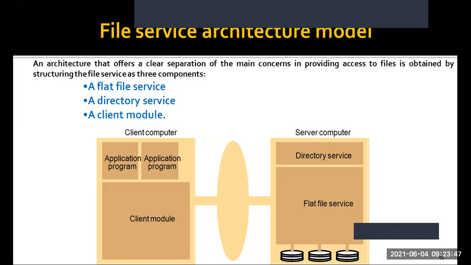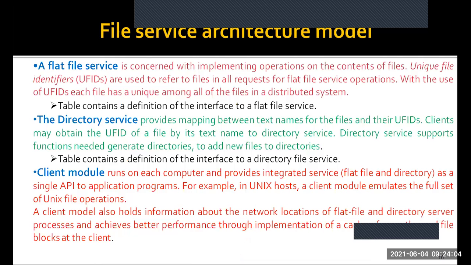So as we are including these 2 systems in the file service architecture, obviously the components of the file service architecture consist of components from both the parties, that is client module from the client computer and the directory service and the flat file service from the server computer. So what are these? The functionality of a flat file service is implementing the operations of the client request on so and so files by identifying the UFIDs. UFIDs use చేసుకుని ఫైల్స్ని ఐడెంటిఫై చేసి దాని మీద ఆపరేషన్స్ పర్ఫామ్ చేయడమే ఫ్లాట్ ఫైల్ సర్వీస్ యొక్క responsibilities.